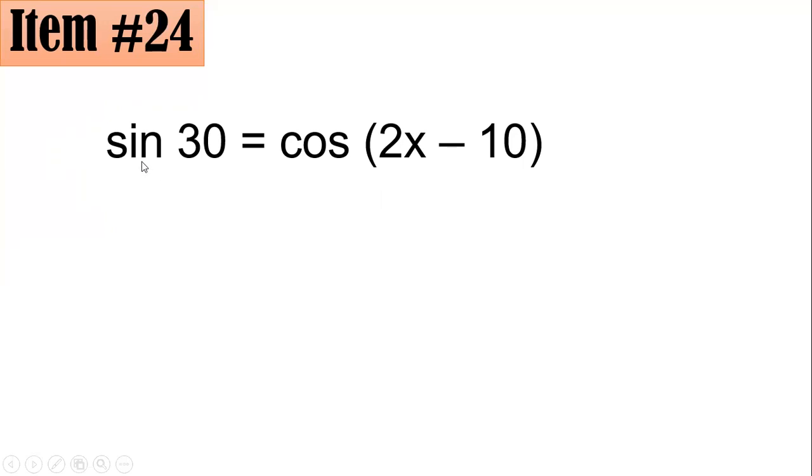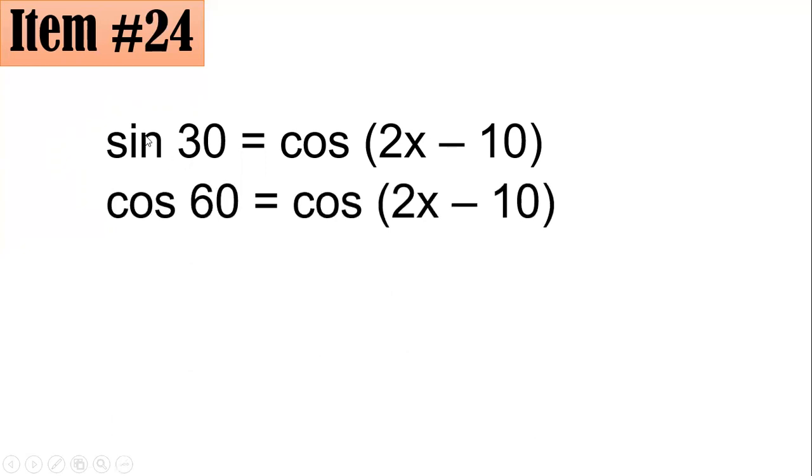Again, the trigonometric function of an acute angle is equal to the cofunction of its complement. The cofunction of sine is cosine, and the complement of 30 is 60. So I'm sure that sine 30 is equal to cosine 60.